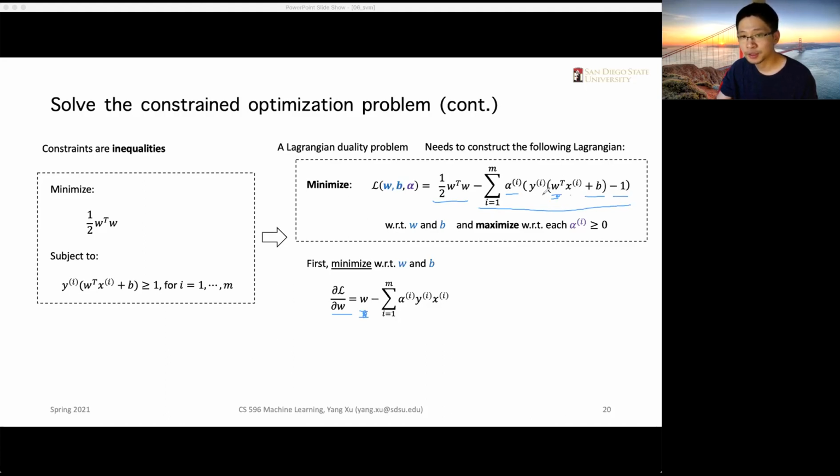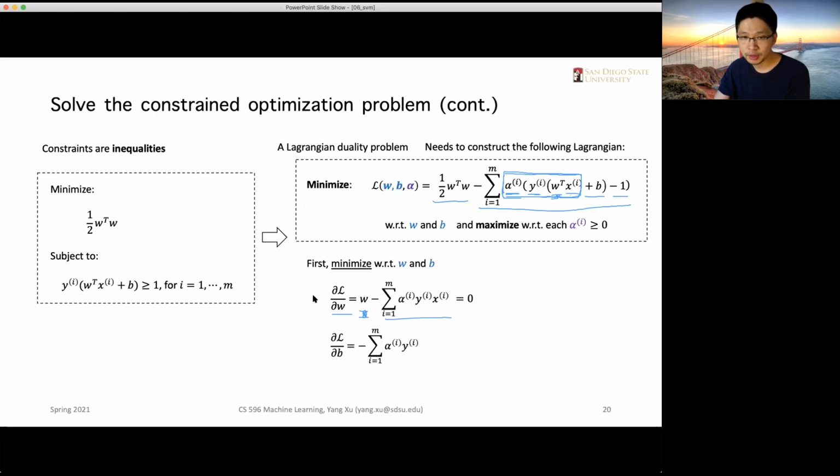So the only term associated with W is the term in the box here. If we take the derivative with respect to W, then the coefficients are the only thing left, which is alpha i times yi times xi. That's the only thing left after taking derivatives, and of course we want to make it 0 because we want to find the minimal point.